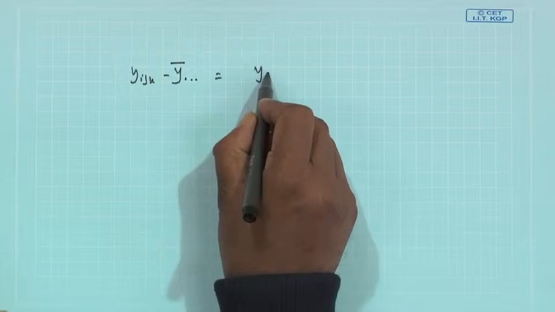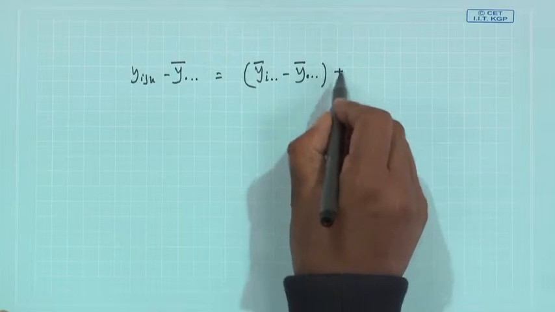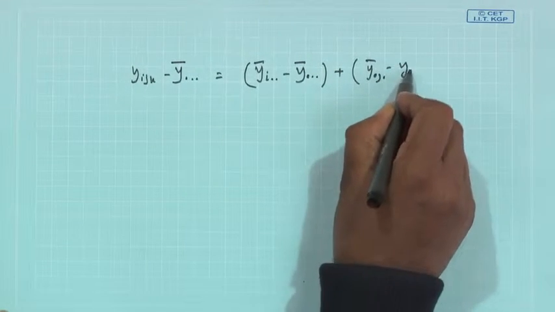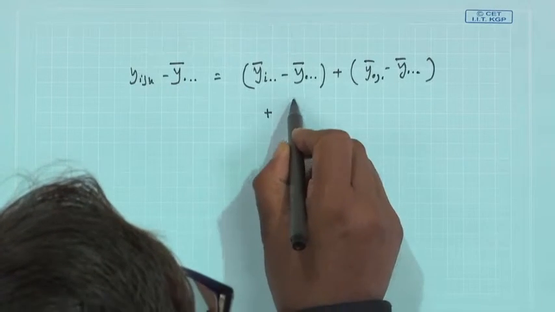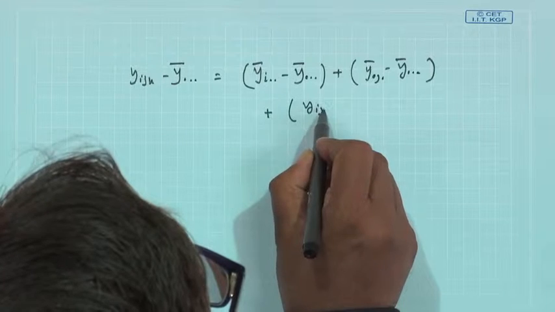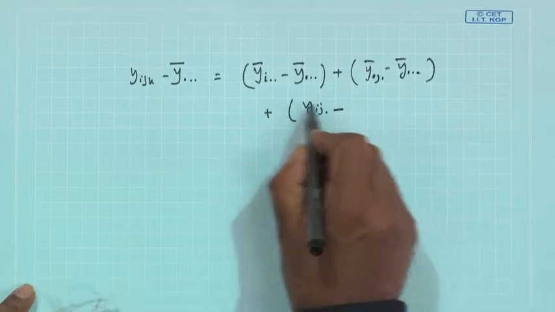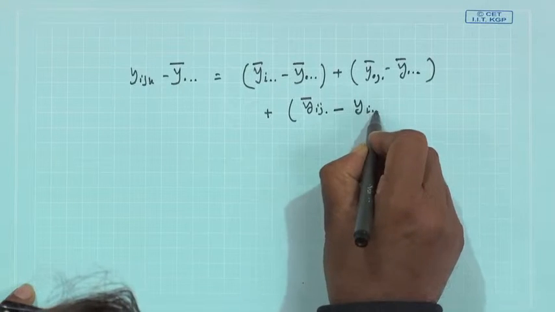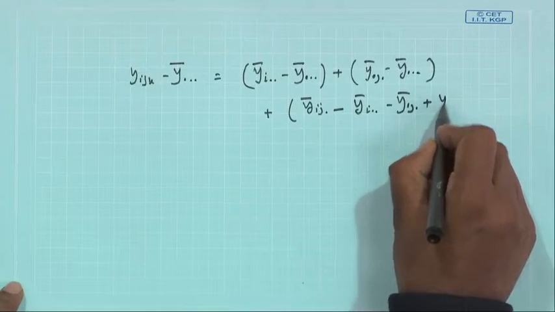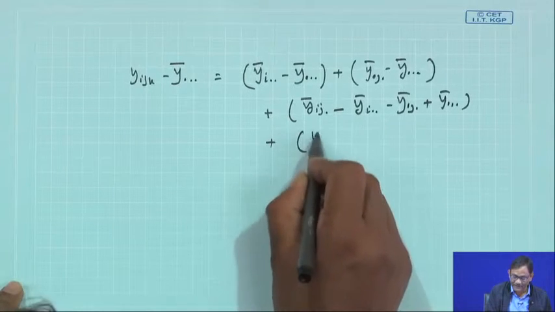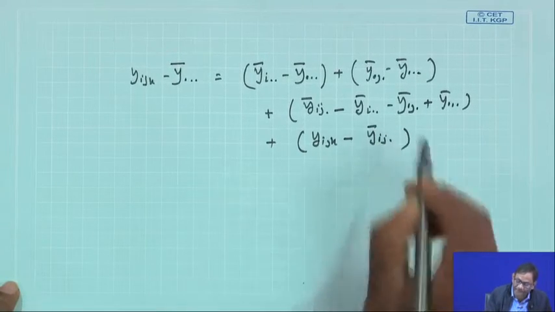This can be written like this: (y_i.. bar minus y_... bar), plus (y_.j. bar minus y_... bar), plus (y_ij. bar minus y_i.. bar minus y_.j. bar plus y_... bar), plus (y_ijk minus y_ij. bar).